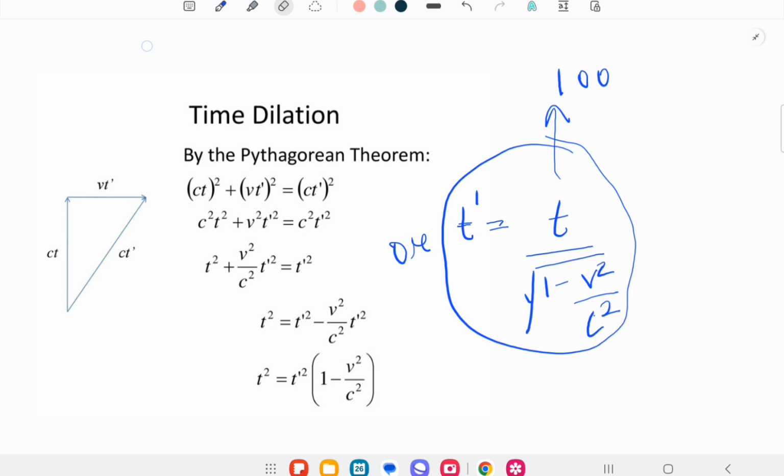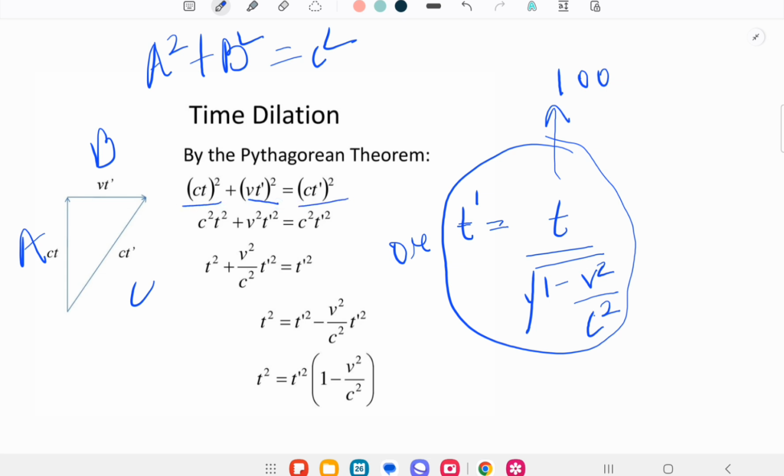As you know, the Pythagoras theorem is that for any right angle triangle, a square plus b square equals c square. So if this side is a, this side is b, and this side is c, then a square plus b square equals c square.